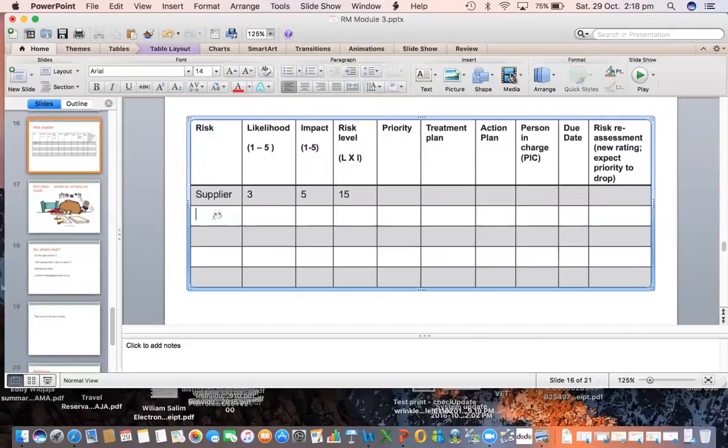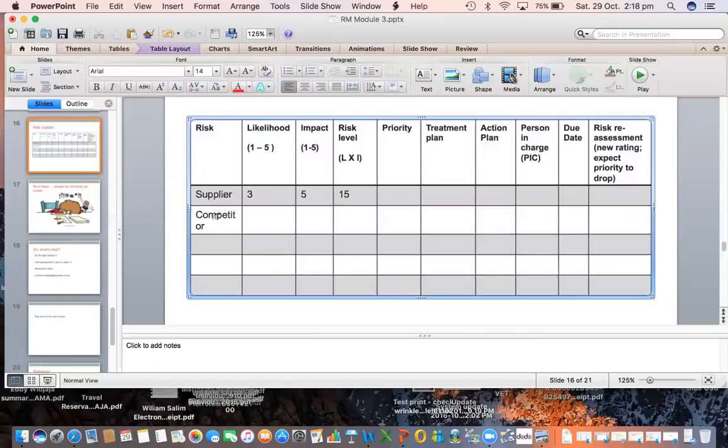Now we look at the next one, which is, let's say, competitors. Competitors may take some actions. What's the likelihood our competitors reduce the price? Well, it's 2. If that happens, what will be the impact? Well, it's 4, because we can still launch the product.